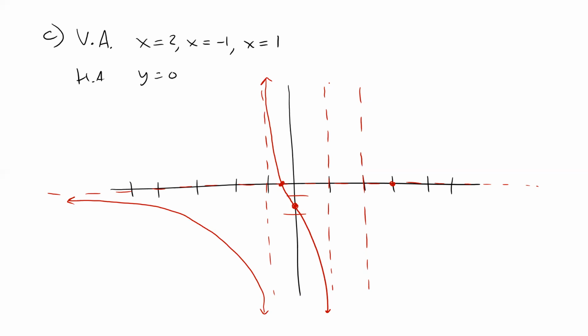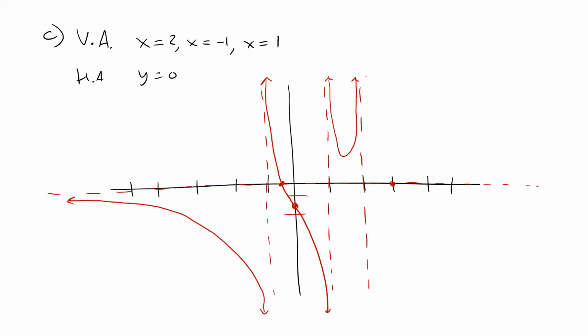No x-intercept. It has to be like this right here though, right? I am actually a little stuck here. Anybody have a calculator that can graph it here? Let's do this here. My guess is going to be this right here.